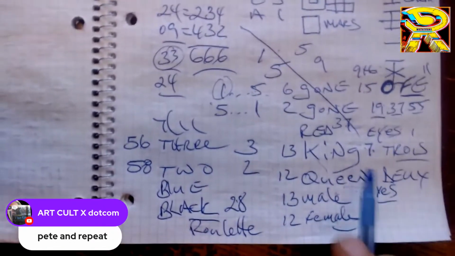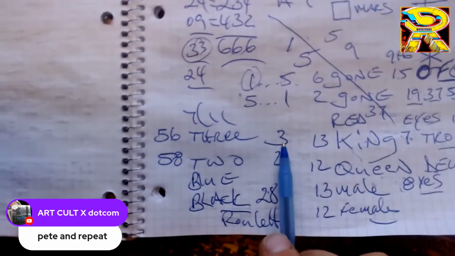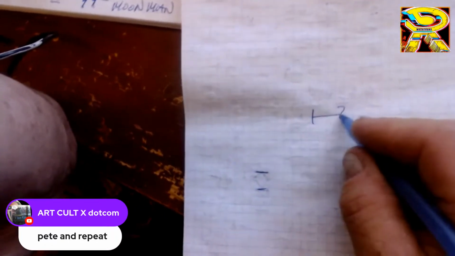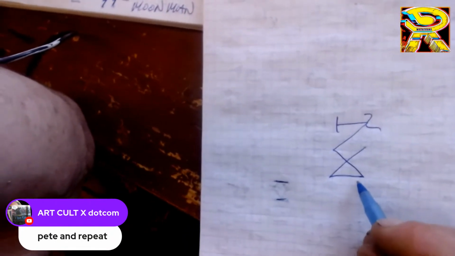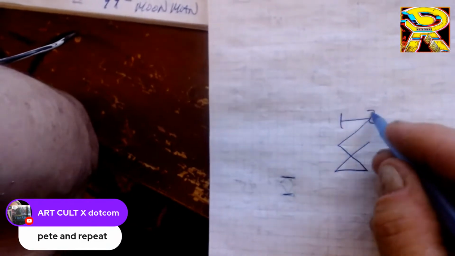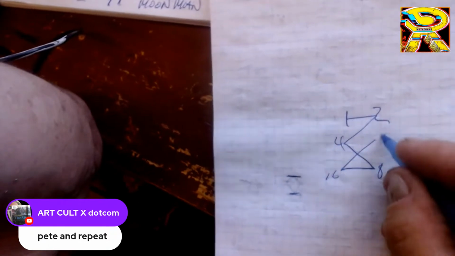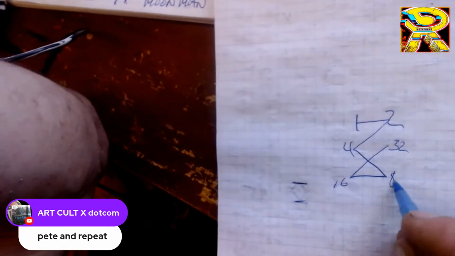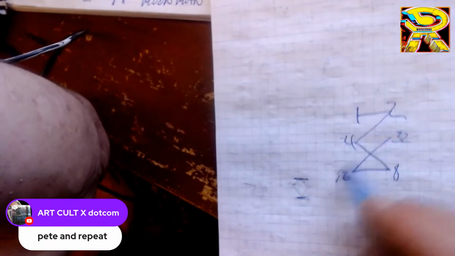Okay, so what I did is, because the king has 7 eyes and I want to bring it to number 1, why not bring it to 2? Why not bring it to 3? Why not bring it to 4? Well, like I said, it's 1 and 2 that created everything. And the binary code is this: 1, 2, 4, 8, 16, 32. 3 plus 2, 5. 1 and 6, 7. 8, 7, 5. 1, 2, 4, 8, 7, 5.